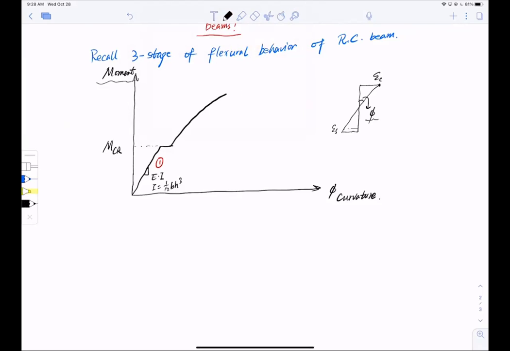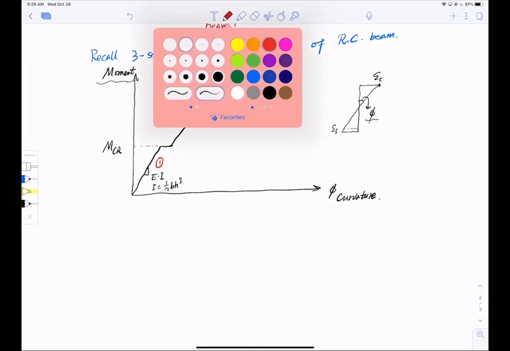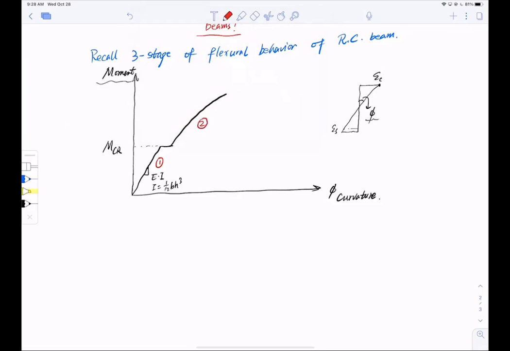Now in the second stage, my concrete has cracked. So here, this is uncracked, but here it's cracked. But even when the concrete has cracked, my compressive strain of the concrete hasn't reached the maximum yet, and my stress-strain relationship in the concrete remains elastic.